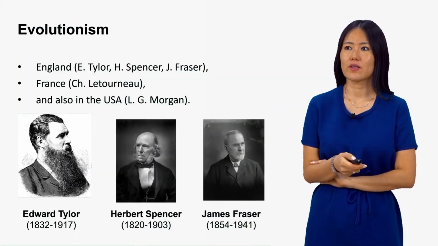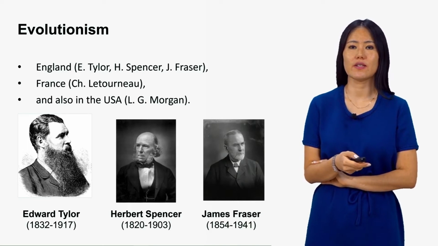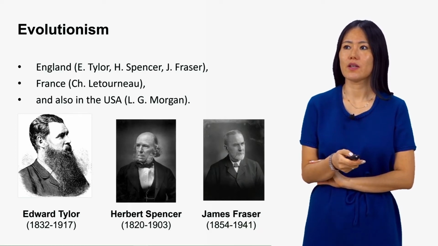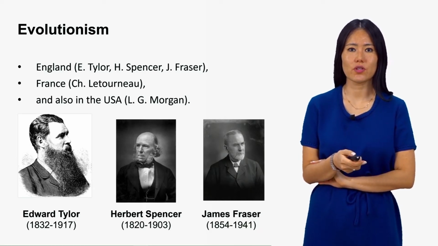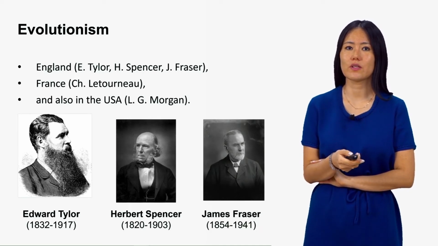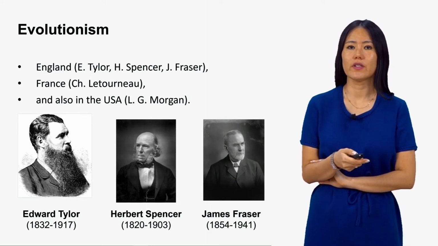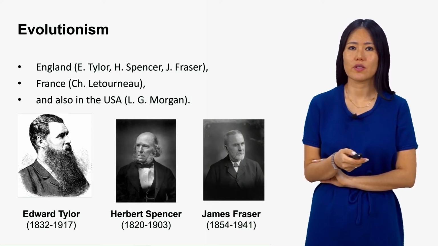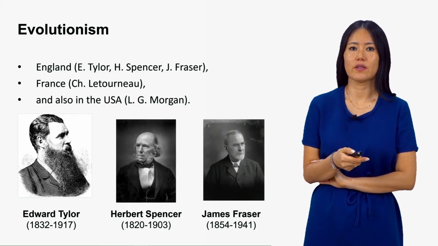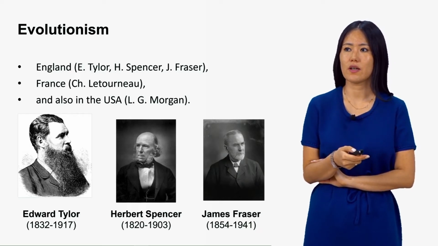And Tyler asserts that the human mind and its capabilities are the same globally, despite a particular society's stage in social evolution. This means that, for example, a hunter-gatherer society would possess the same amount of intelligence as an advanced industrial society with its high level of technology and science.